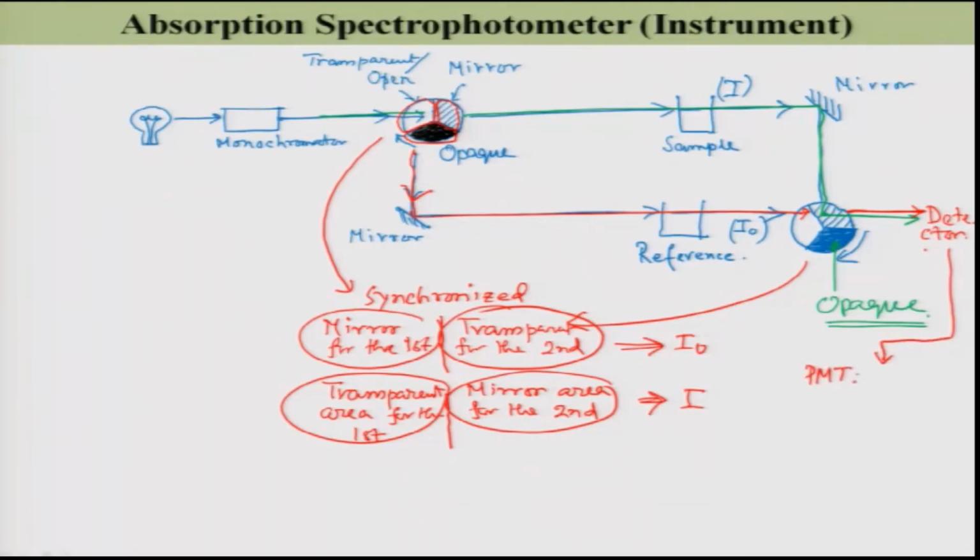The full form of this is photomultiplier tube. The principle of the photomultiplier tube is nothing but the photoelectric effect. Photons fall on the photocathode, and we generate photoelectrons.